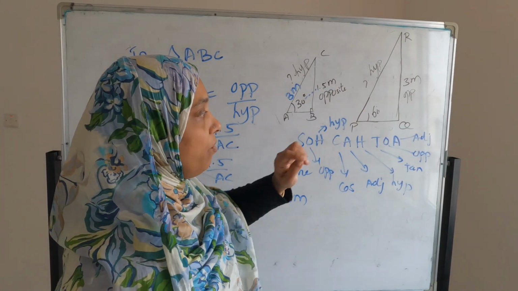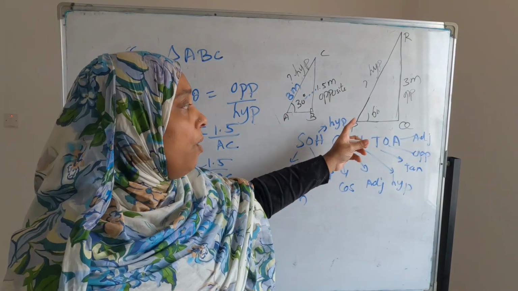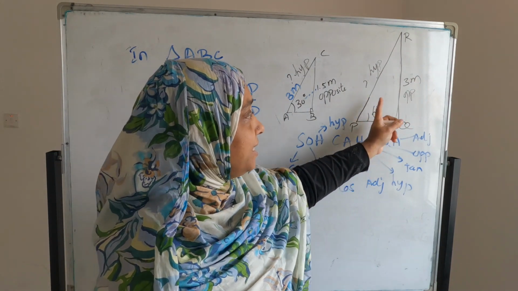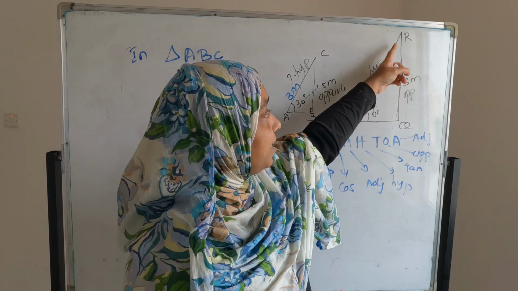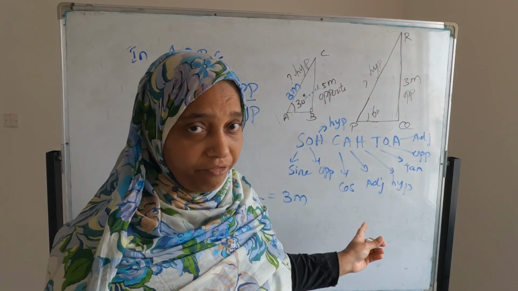For the elder children, we got another triangle, PQR. In this triangle, PQ, 3 meter, is the opposite side and PR is the slope. This length we are going to find.